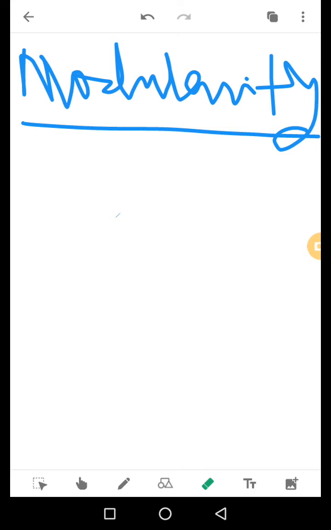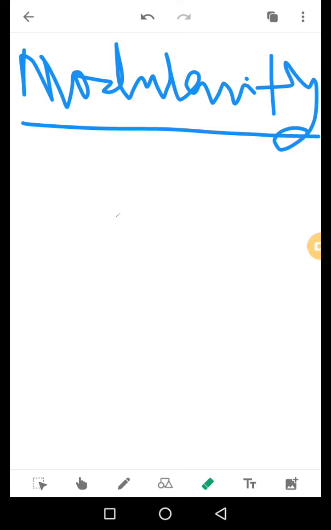So those are some of the steps to creating effective module. I think you have gotten it now.